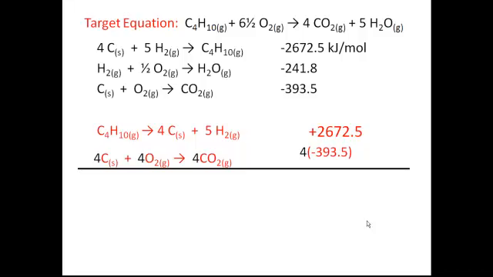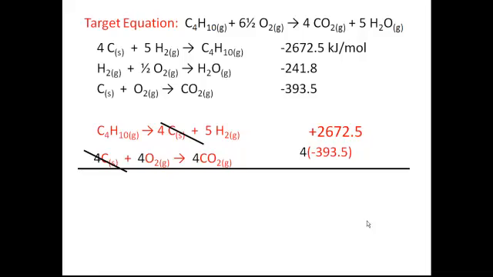Now, what I notice here, in the first equation, I have 4 carbon solid on the product side. In the second equation, I have 4 carbon solid on the reactant side. So since the species are identical and one occurs on the product, one occurs on the reactant side, I can cancel them out or eliminate them. So I'm going to get rid of them.